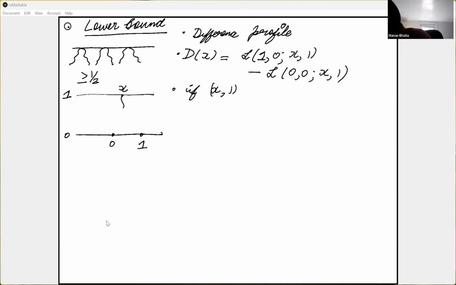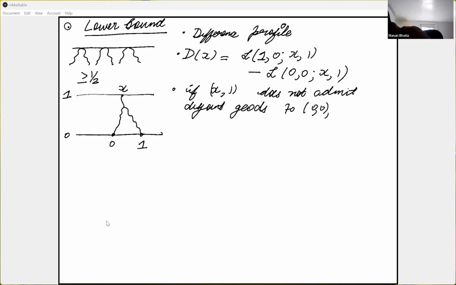I want to say that if x did not admit disjoint geodesics to 0, 1, if the situation is a typical situation, then in fact this difference profile is locally constant in a neighborhood of x.